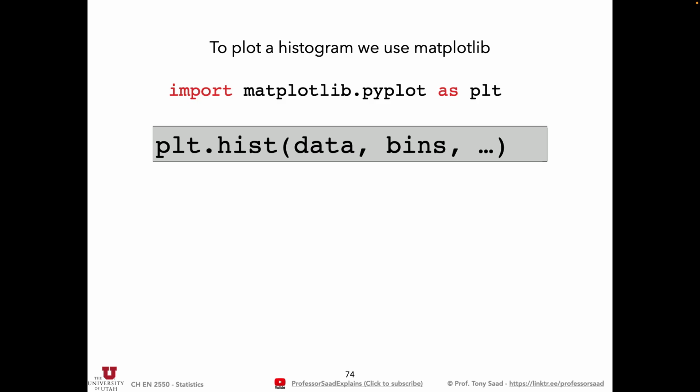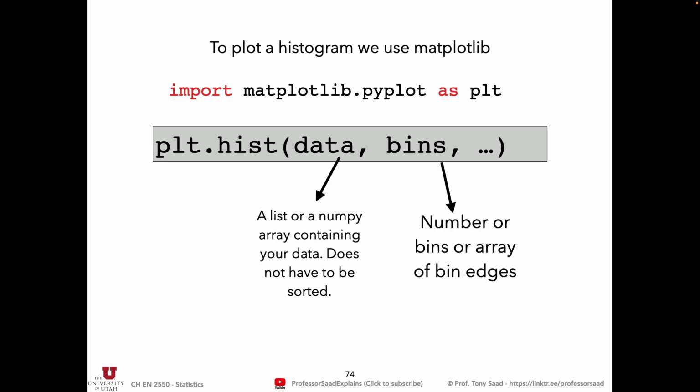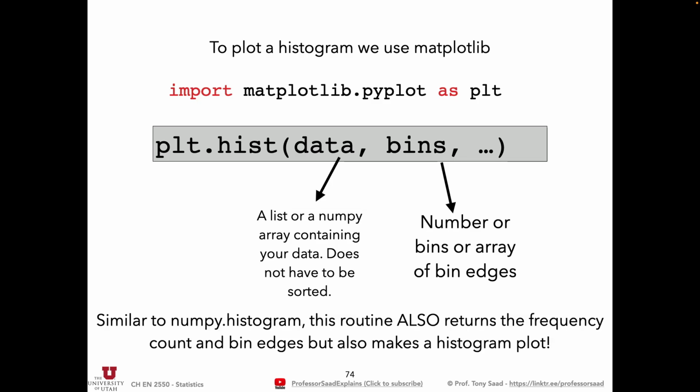It defaults to a number of bins; we'll see what that is in Python. But you can also give it bins, similarly to the first two arguments, and even weights. Some of the other arguments are identical to numpy.histogram. They do the same calculation. Similar to numpy.histogram, this routine also returns the frequency count and the bin edges for you.